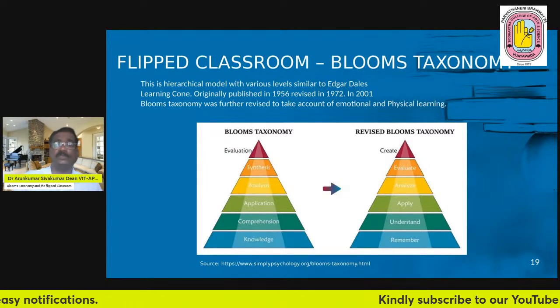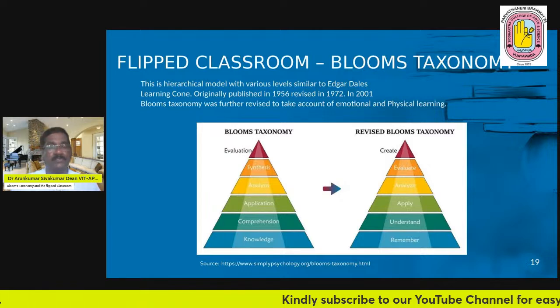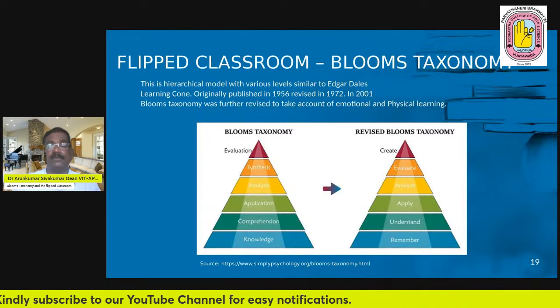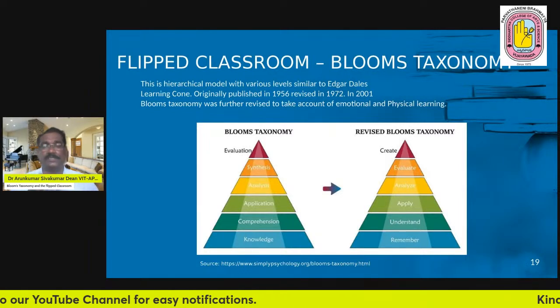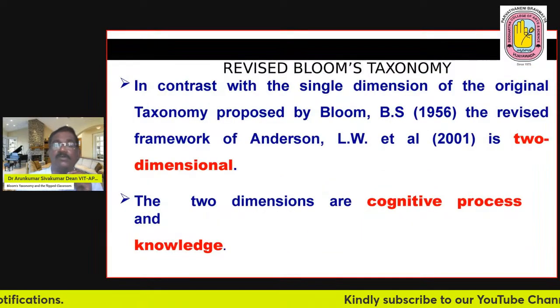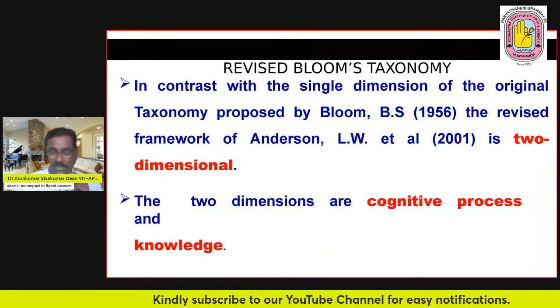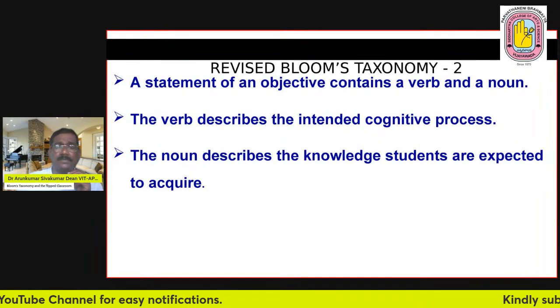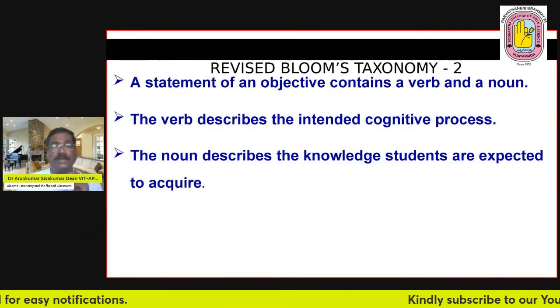All my inputs are on the revised Bloom's taxonomy. I am not referring to the old Bloom's taxonomy. There are subtle changes here. One is evaluation. The other one is creation of knowledge. So moving forward, the two dimensions are cognitive process and knowledge. This is very much required for any student. A statement of an objective contains a verb and a noun.